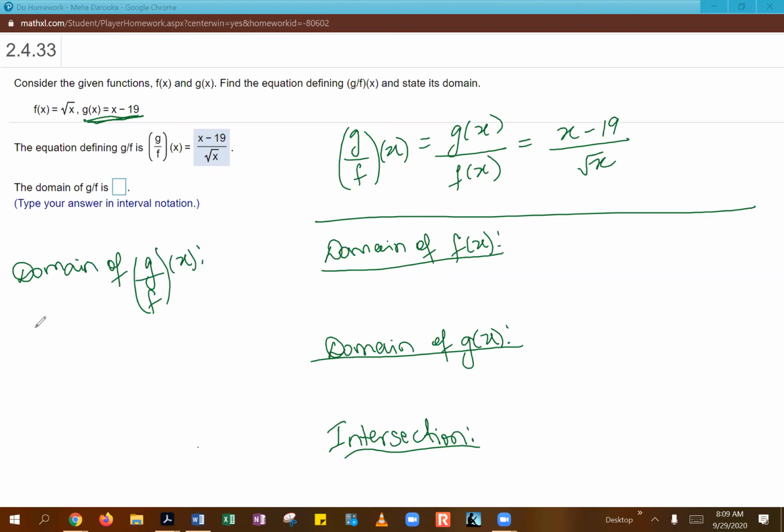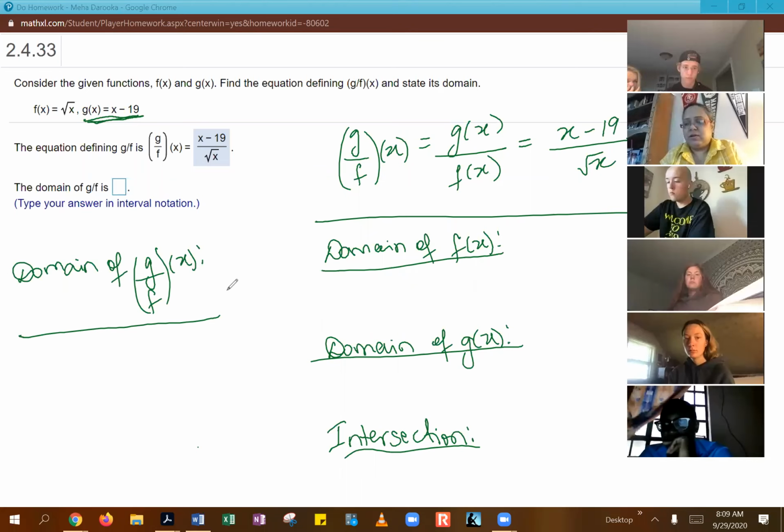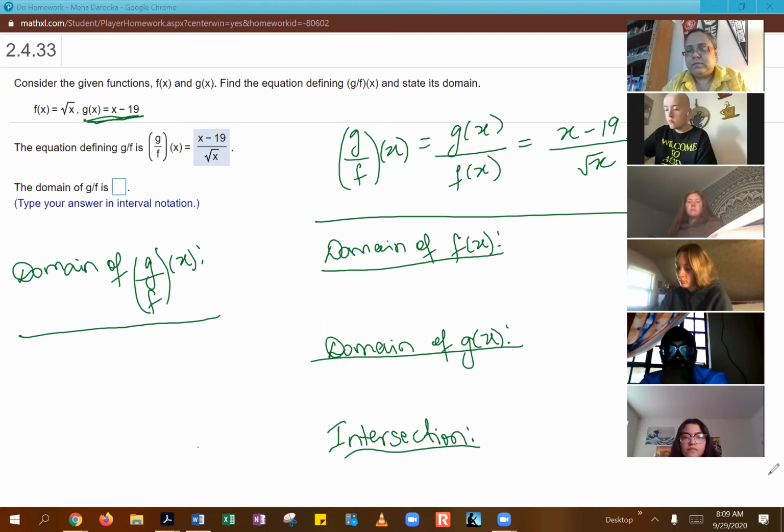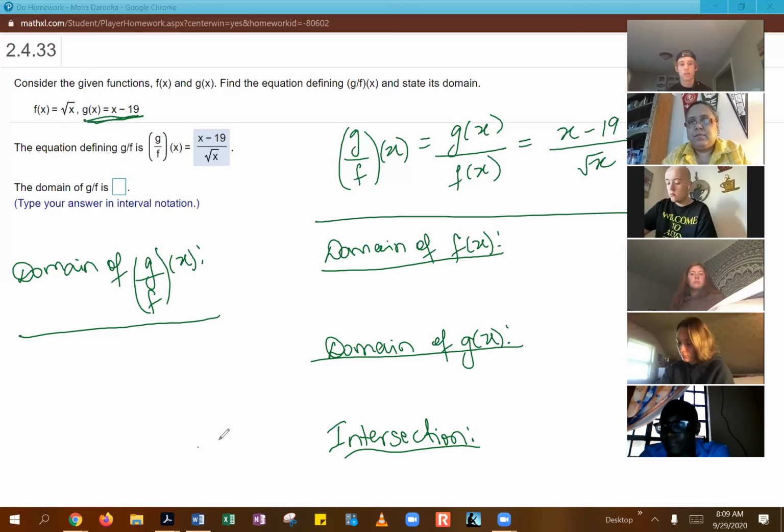So can somebody tell me what the domain for just the f function is going to look like, the square root of x function? So what do you think the domain for the square root of x will be?